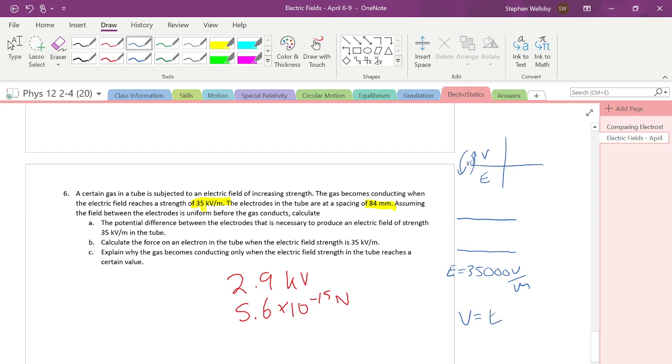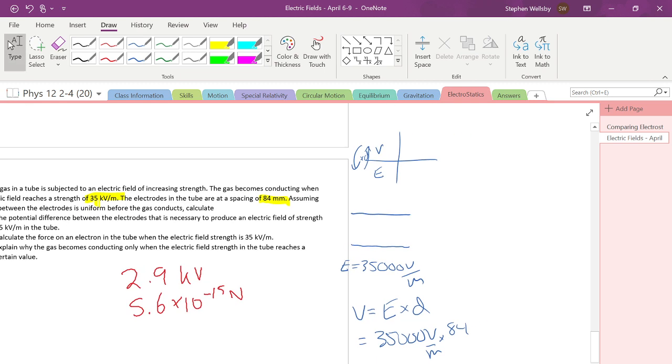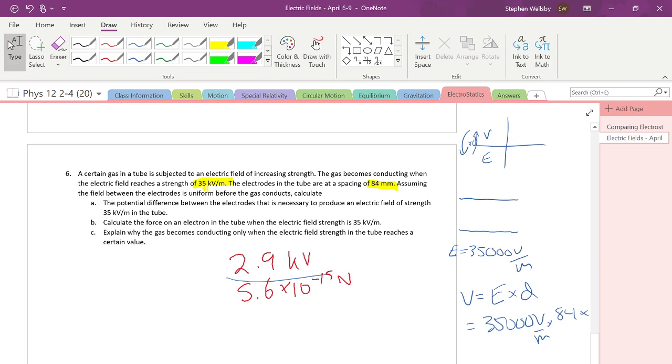So V is going to be E times D, just like E is V divided by D. I've just rearranged this here. So this would be 35,000 volts per meter multiplied by 84 times 10 to the minus 3 meters, and that gives us this value here. So 2.9 kilovolts, or 2,900 volts. So that's our first part for question 6A.